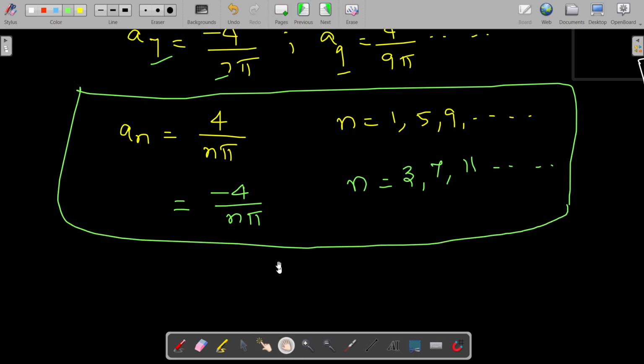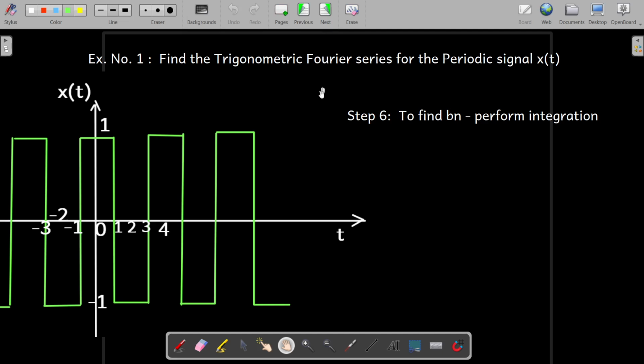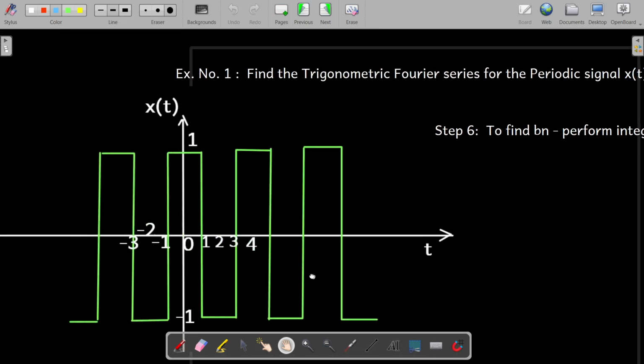Okay, the same way we can evaluate for this bn also. So it is a long process.